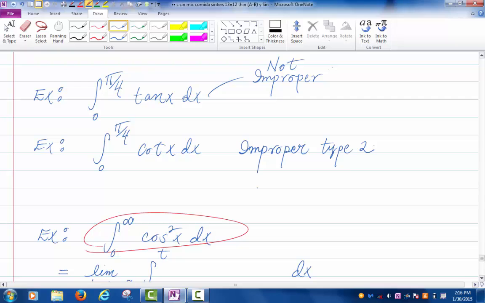Cosine over sine, right? Sine 0 is 0 in the denominator. So the integrand has a discontinuity at the left-hand point.